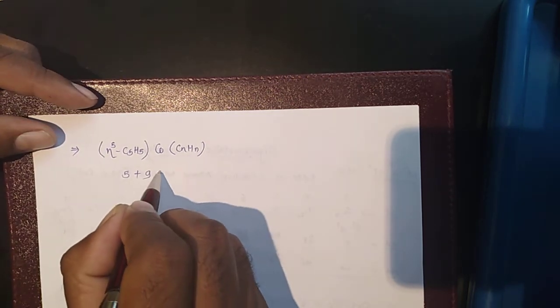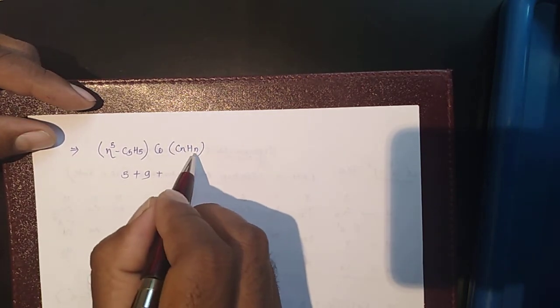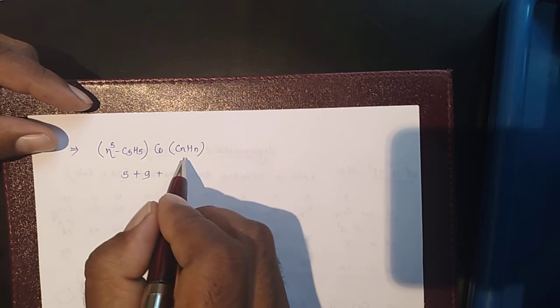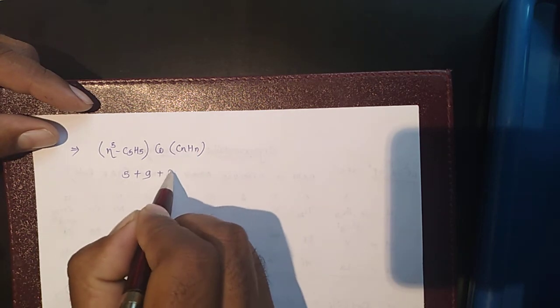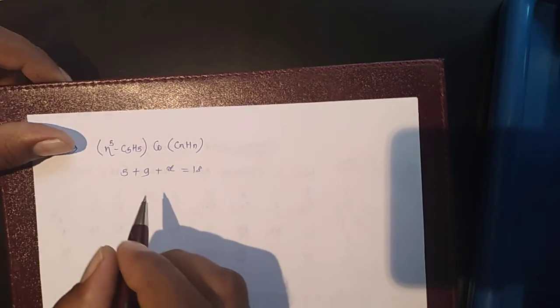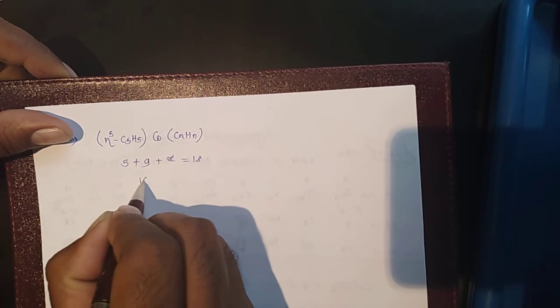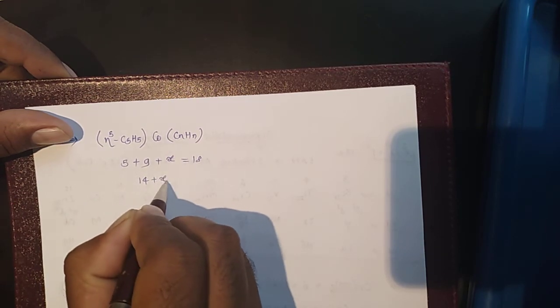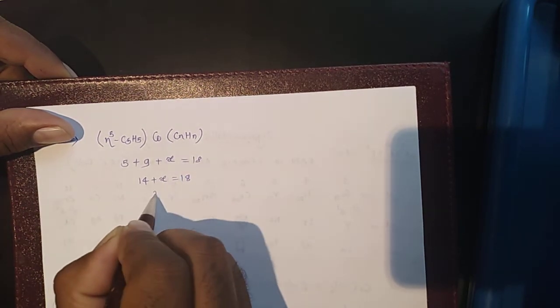Okay, so 9 electrons, and how many for this ligand CnHn? We have to calculate it. So we will write x. Total is 18 electrons, so 14 plus x equals 18, x is equal to 4.